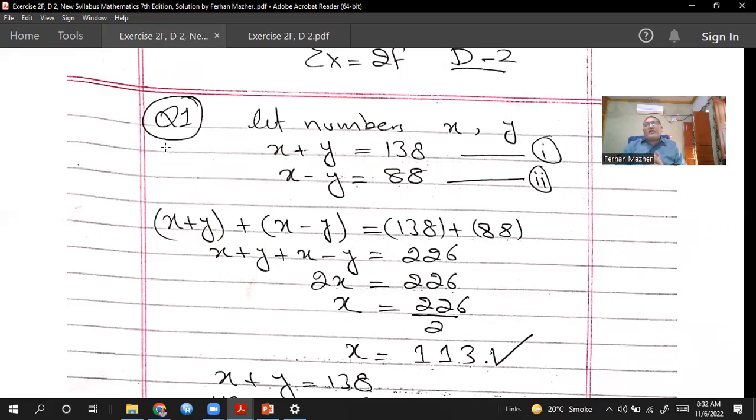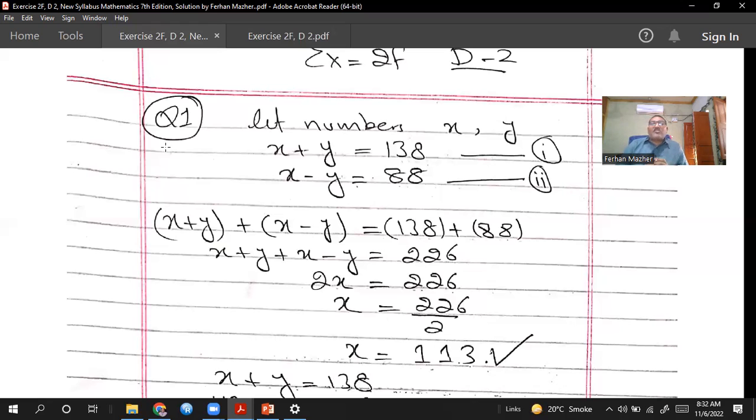So simply add equations 1 and 2, and Y will be eliminated, and you will get the value of X. The left side of the first equation and the left side of the second equation will be added, and the right side will be added to the right side.